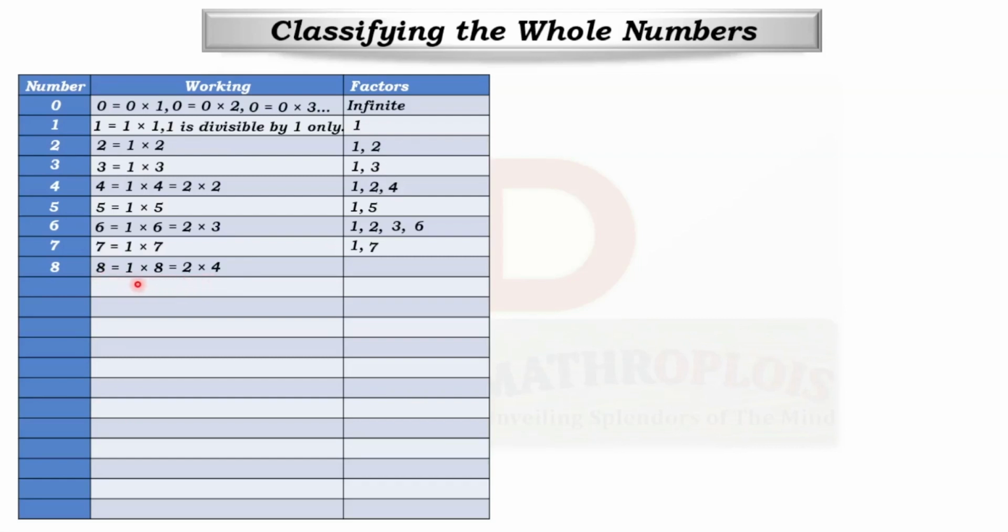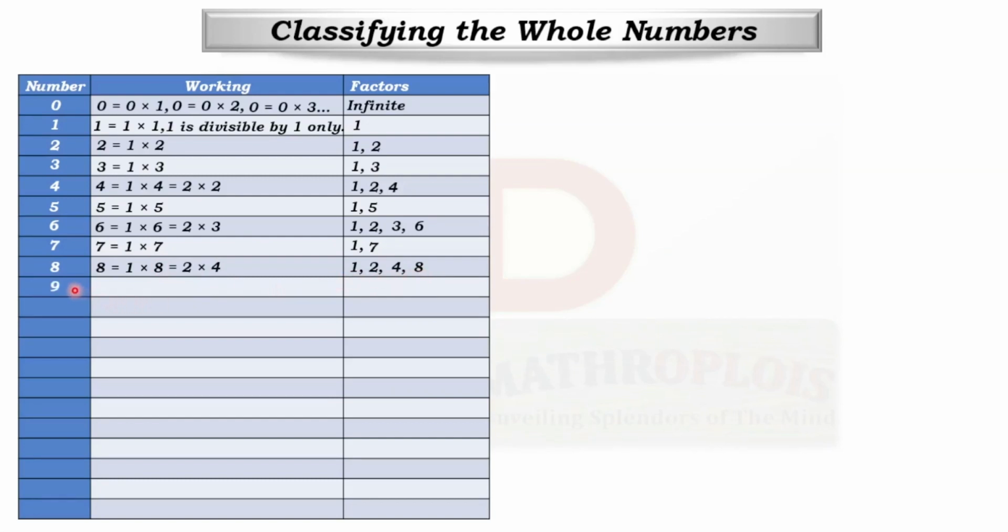In this case, first factor is 1, second factor is 2, third factor is 4, fourth factor is 8 itself. We can note here that 8 has total 4 factors. Means more than 2 factors.